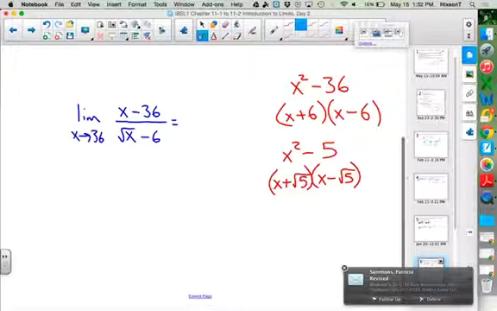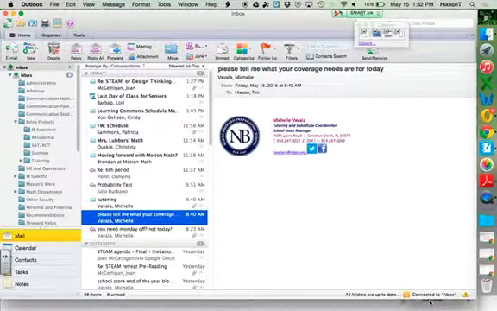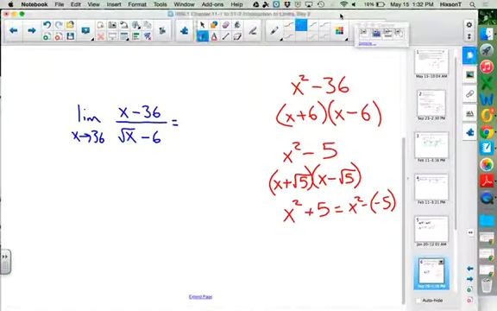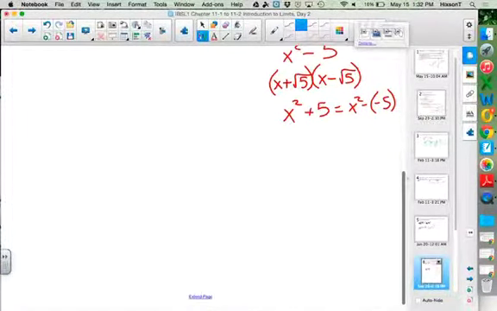In fact, I don't even have to have a difference. I can do it as x squared plus 5 as long as I see it as x squared minus a negative 5. If I have x squared minus a negative 5, what's the square root of negative 5?